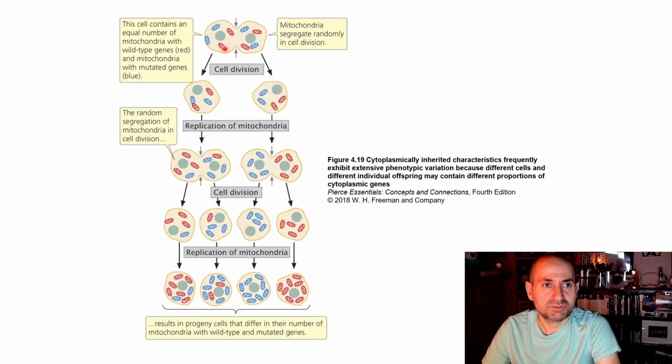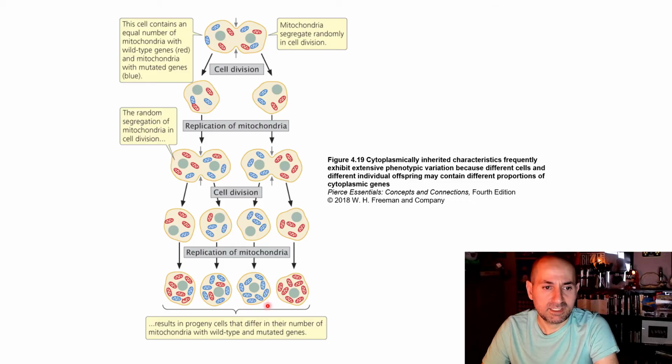Now, sometimes mutations can arise in these mitochondria, and over time, with each subsequent cell division, those mutated mitochondria can accumulate in particular cells. So you could end up with one cell with all mutated mitochondria and one cell with healthy mitochondria, and then you could end up passing on this mutated mitochondria to your offspring.